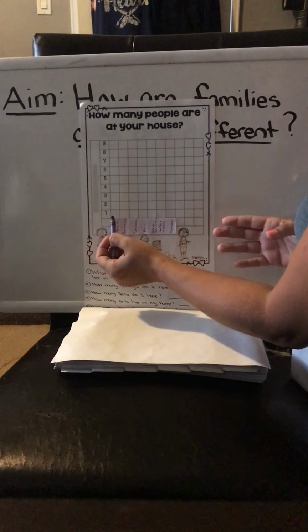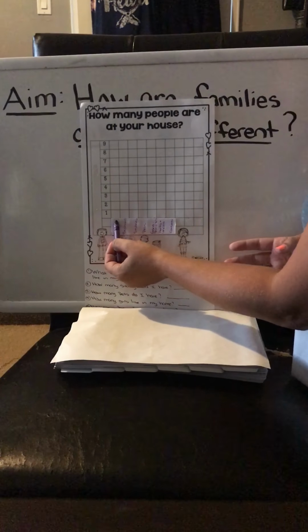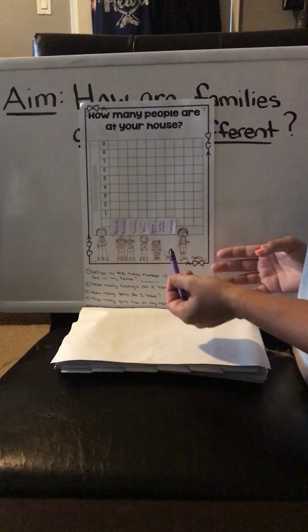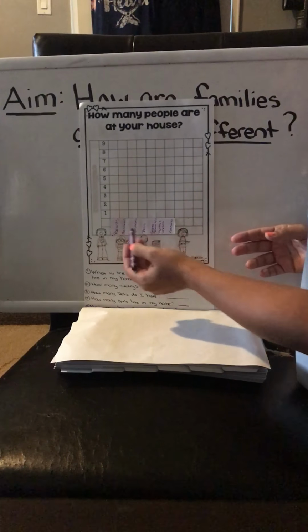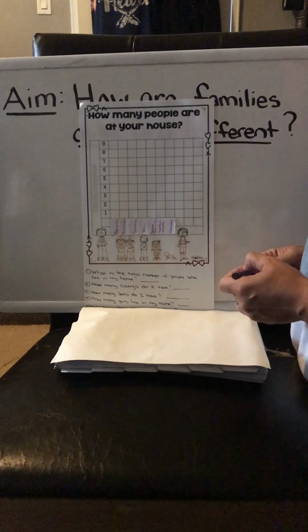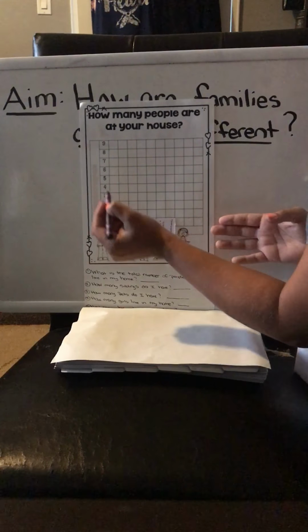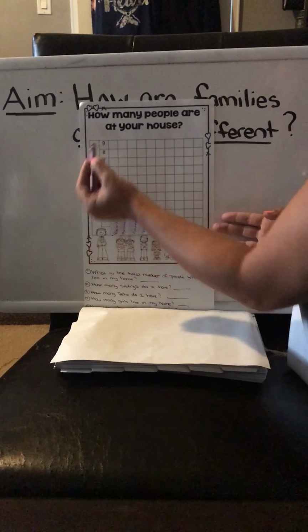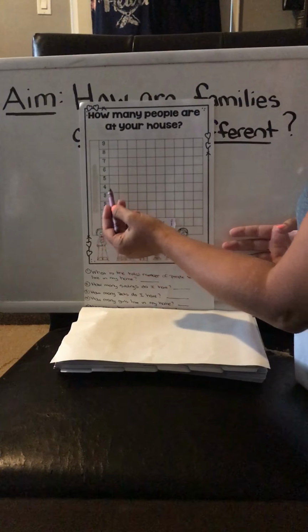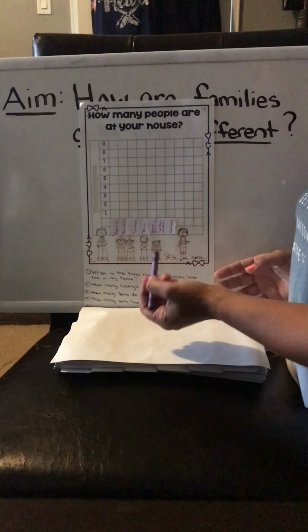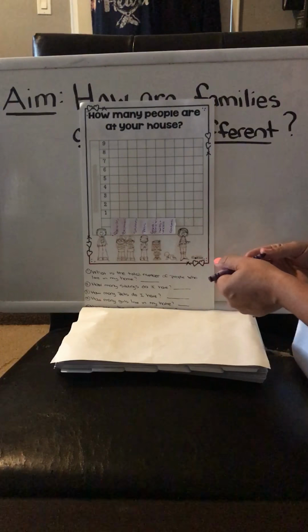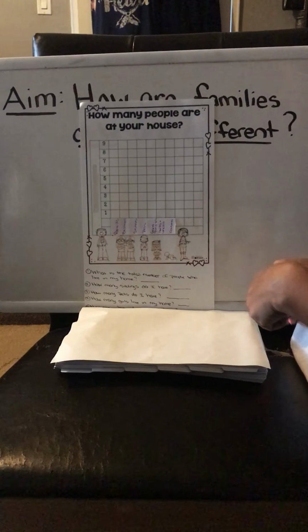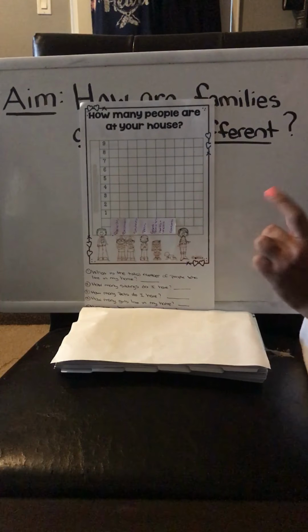So in my household, I do not live with my parents. So my parents do not live with me. However, I do have my 2 brothers that live with me. So on this side of the graph, there are numbers 1 through 9. Each number, each box here represents how many people live in your house of that particular family member.